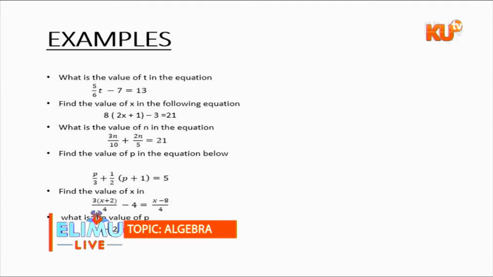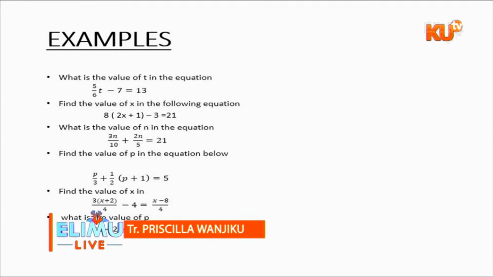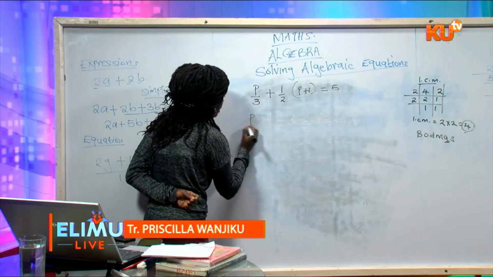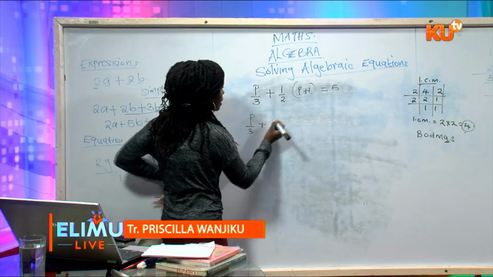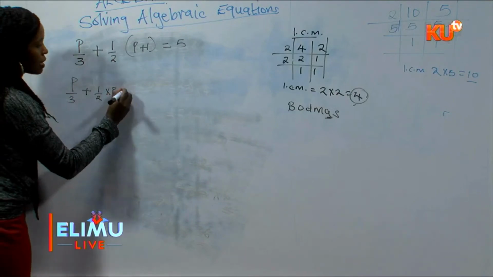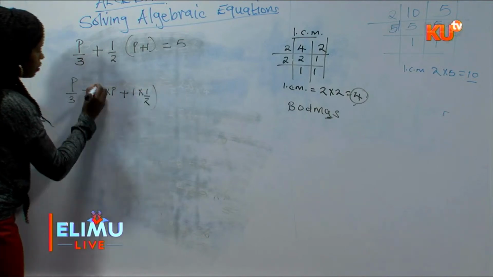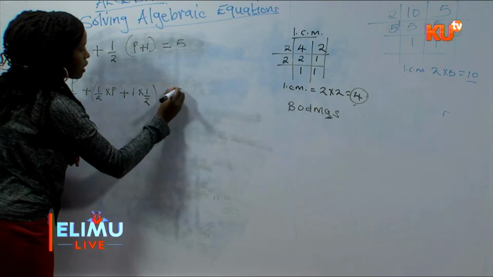So the question was, find the value of P in the equation. And the equation was P over 3 plus a half bracket P plus 1 is equal to 5. So you open up the bracket here. This P over 3 is going to remain, plus I take a half, I multiply by P, plus 1 times a half.